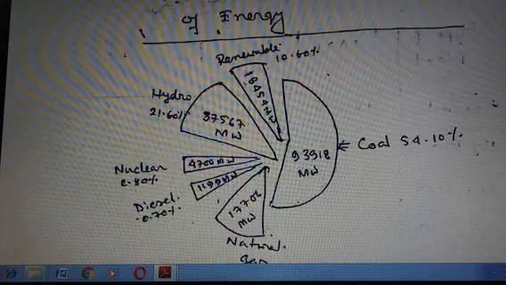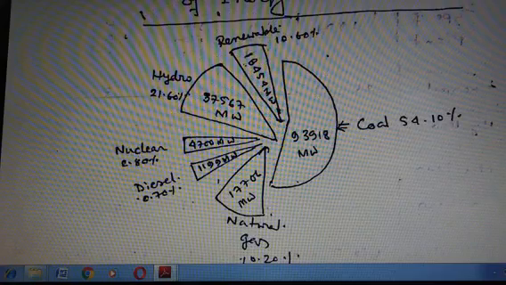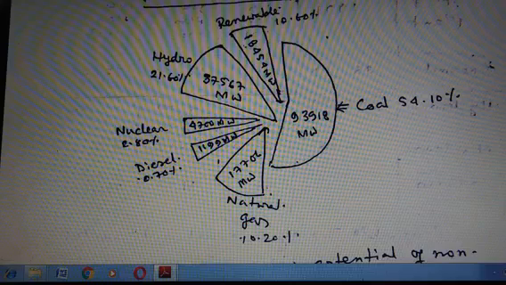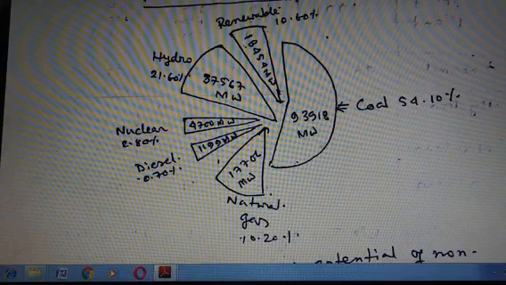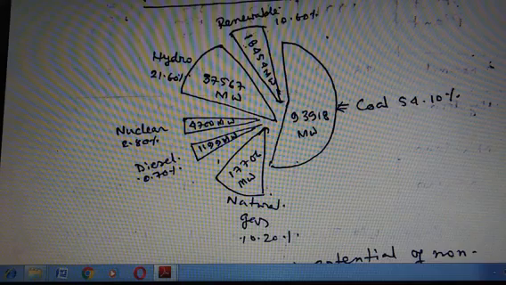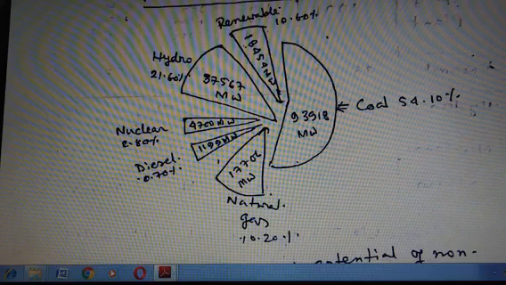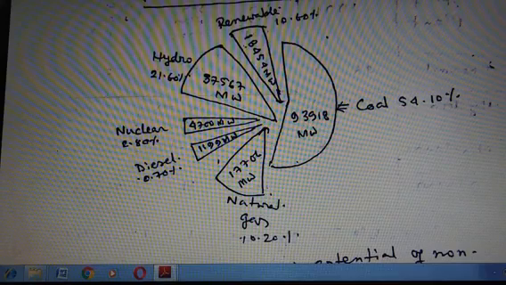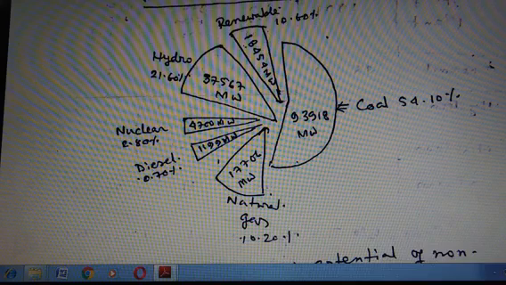Now, in our country, this is the normal scenario of this type of energy source. First of all is coal. Coal is a conventional energy source, and it is formed due to the conversion of vegetable matter, and it is composed of carbon or hydrocarbon, etc. It is found in Jharkhand, UP, Madhya Pradesh, Bihar, and West Bengal in our country.